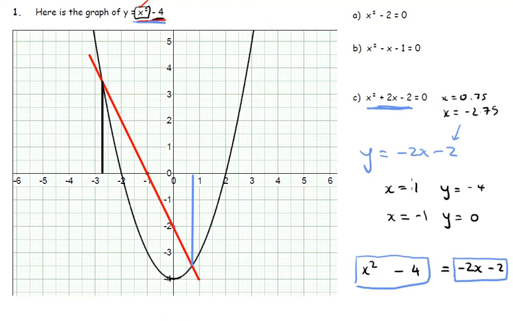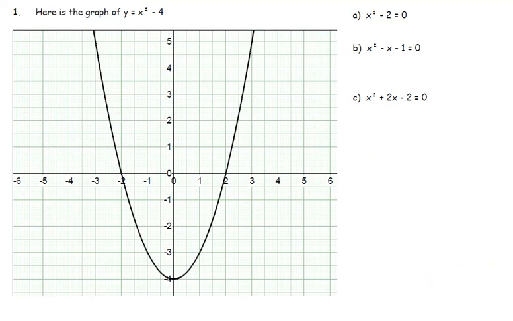Now just remember what you're doing. Because you've got the graph of this equation, you need to modify all of these equations so they all have that on one side. Then whatever it's equal to on the other side, you just draw the graph of y equals that.